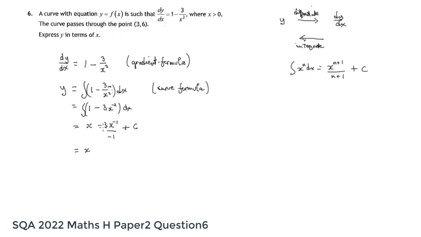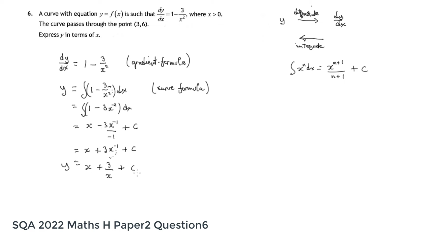We've got x minus, and this negative 1 here, 2 negatives, we are plus 3x to the minus 1 plus a constant. And finally, let's just write this as a fraction, so the x to the negative 1 goes down to the bottom of the fraction and becomes x to the positive 1, so that's just x. So we're ending up with a curve, y equals x plus 3 over x plus c.